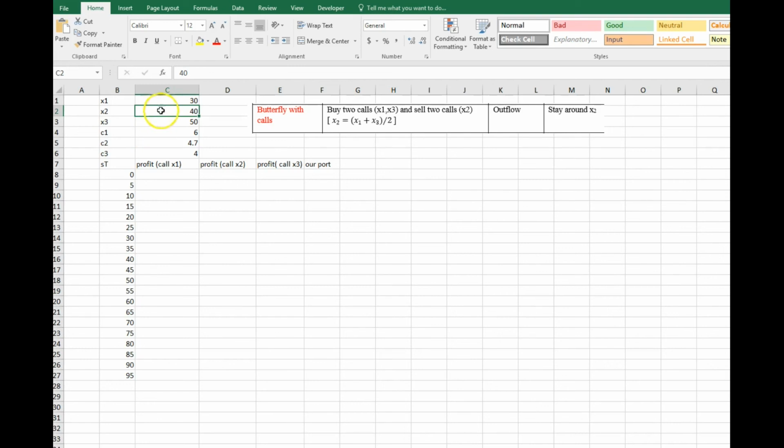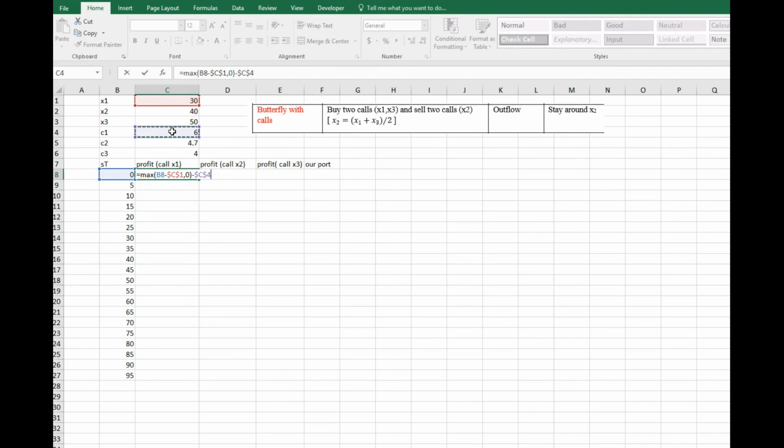And when we have a lower exercise price, premium should be higher. Okay, it's 6, 4.7, and 4. So this 2 times 4.7 is higher than 6 plus 4. So we have initial cash outflow. Okay, so this is profit or loss for the first option, equal max stock price minus exercise price, F4, 0, minus C1.